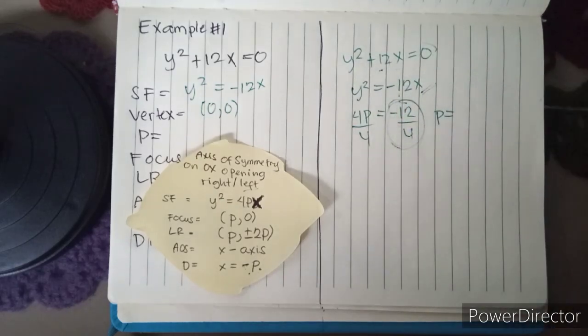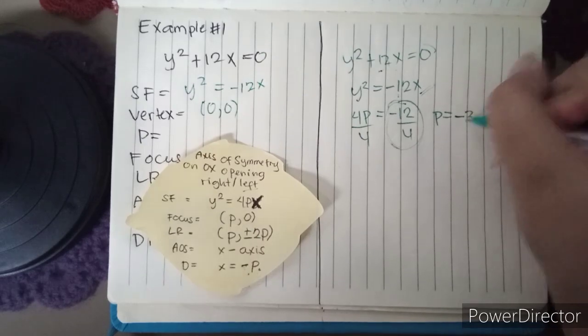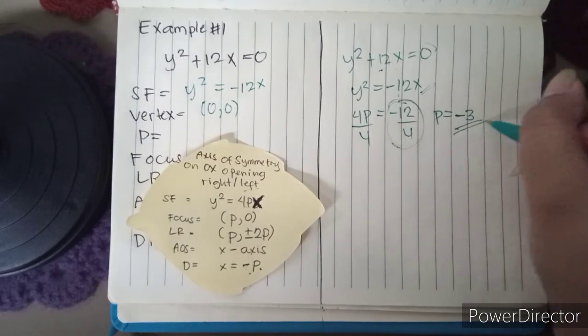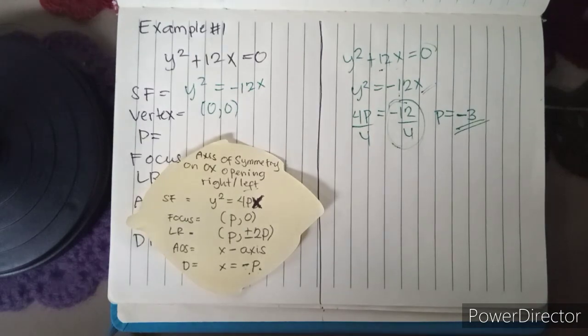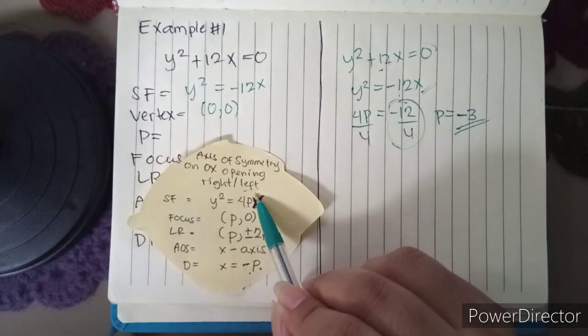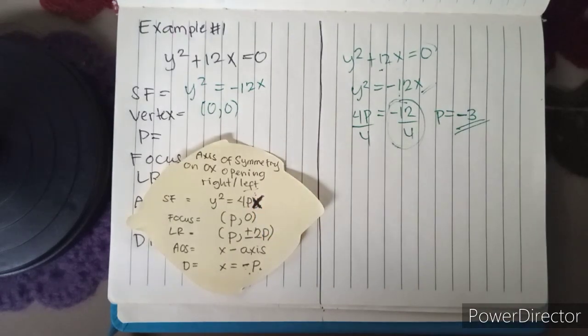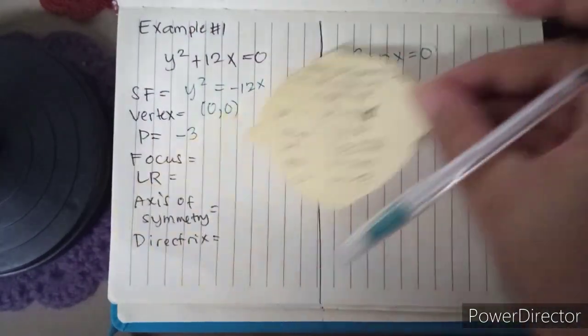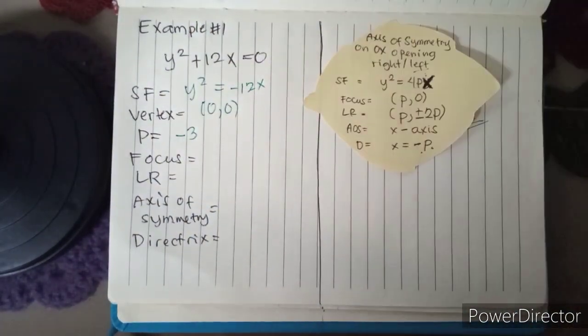So, ito na lang si-simplify natin. Is equal to negative 3. Okay? Since negative yung ating p, ang ating opening ng parabola ay pa-left side. So, let's rewrite the value of P here. So, -3.